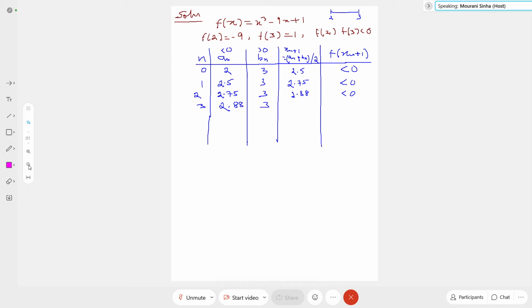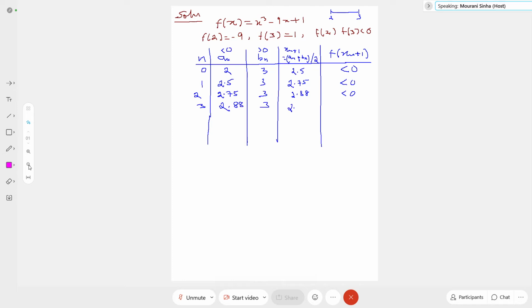You people have been solving till here also. Okay, fine. Shirish, can you tell me what will be the next xn plus 1? Right, 2.94. That's the midpoint of this.